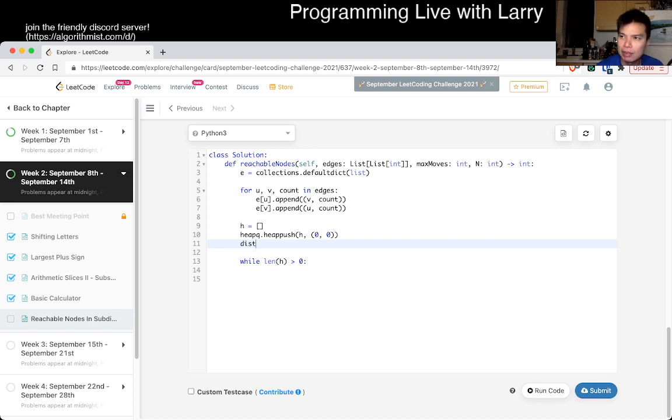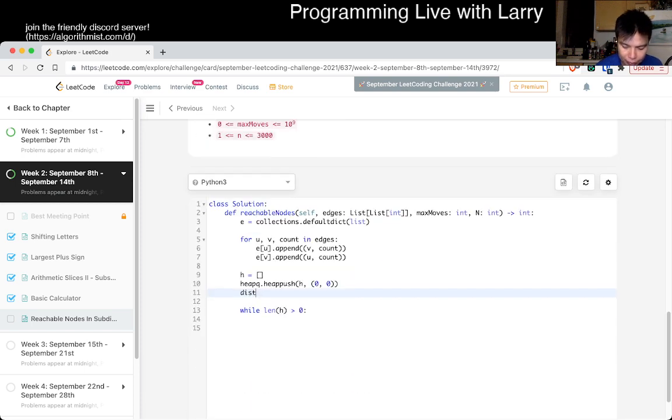Actually, I think the shortest path is already good enough. Then we can look at each edge and then determine how far. Okay, I think that I was going to do something way more funkier, but now that I think about it, I think we can just use the distance in the Dijkstra, and then for each node we can look at all its neighbors and then do the math that way. Okay, I think I'm happy with this one now.